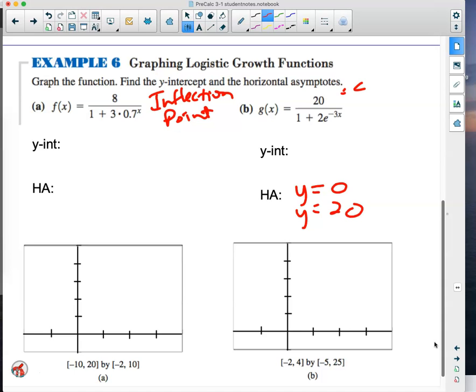And the first thing to do with B would be, let's take a look at what they said we have. The x's are going from negative 2 to 4, so they must be going by ones: negative 2, negative 1, 0, 1, 2, 3, 4. And we can get those labeled. And then our y values are going to go from negative 5 to 25, so that looks like they're going by 5s.